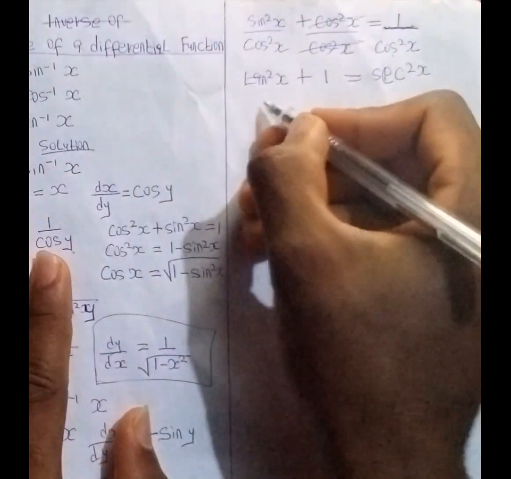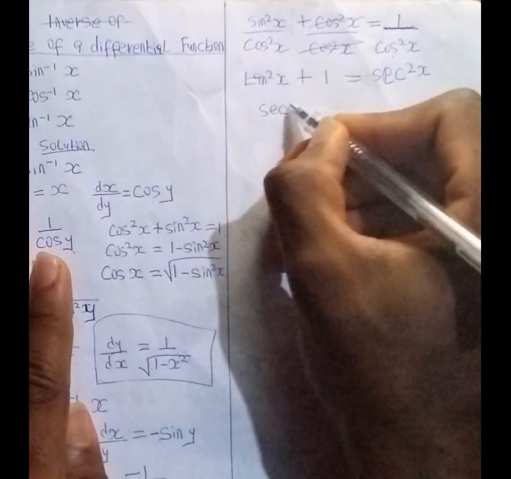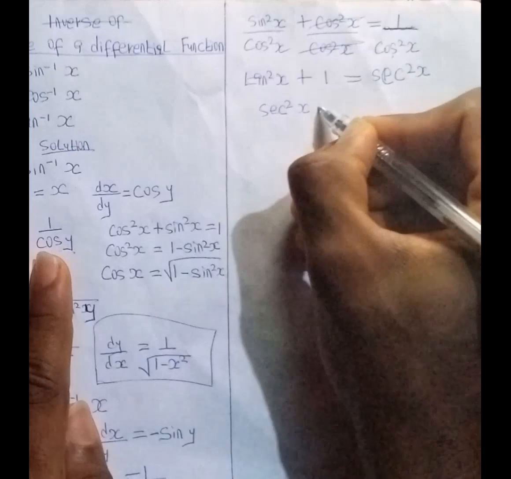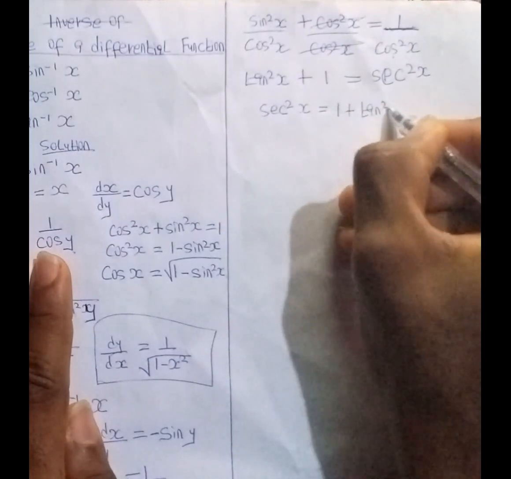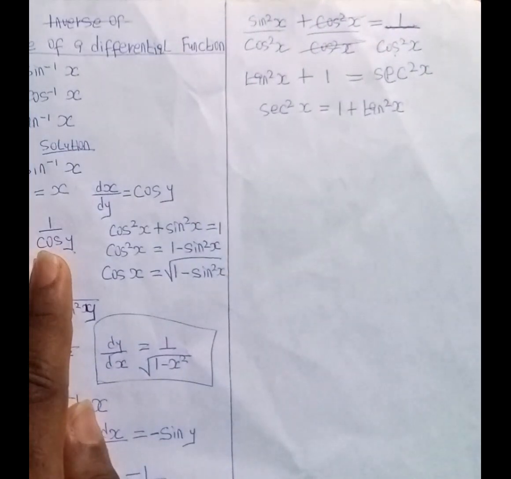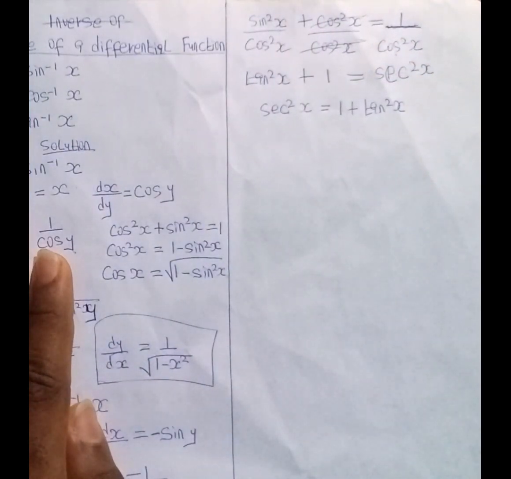So sec squared x equals 1 plus tan squared x.